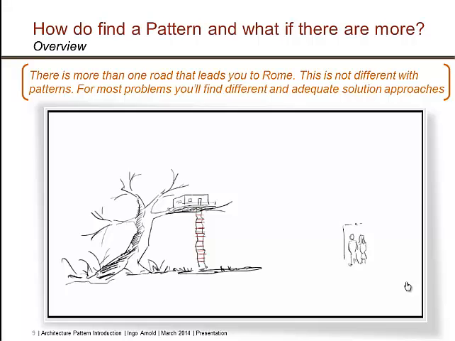However, equivalent or similar patterns, thus patterns solving the same problem, are not the only pattern relations that we should think of. There are also complementary patterns to stairs. A whole set of related patterns is called a pattern language, and we will see in a second what a pattern language is in more detail.